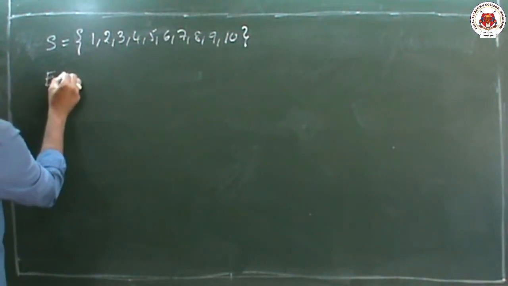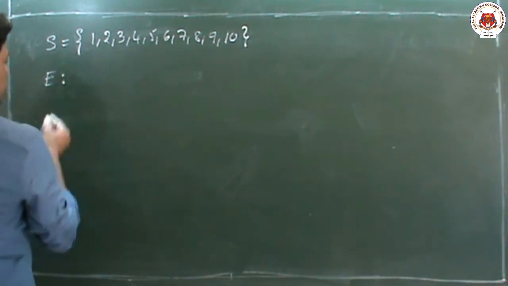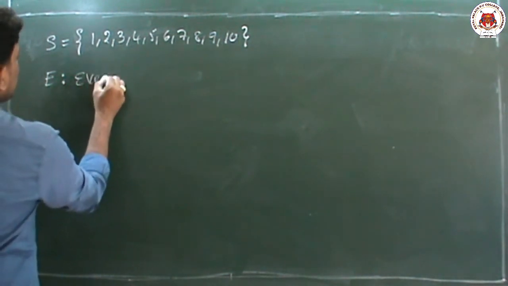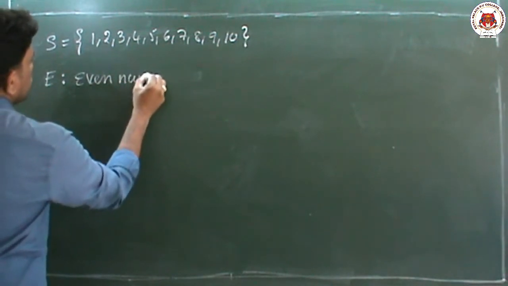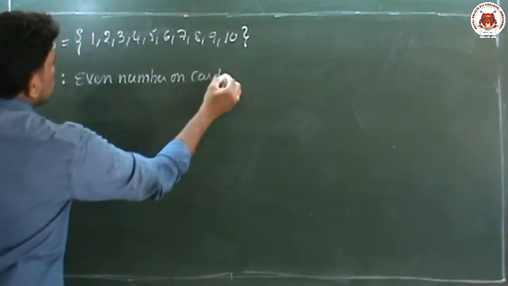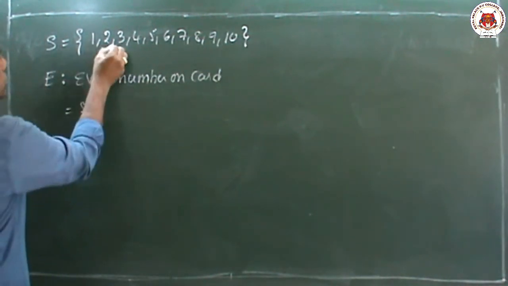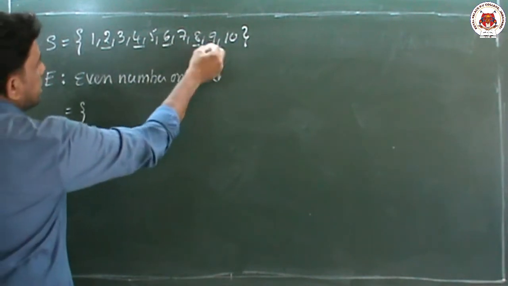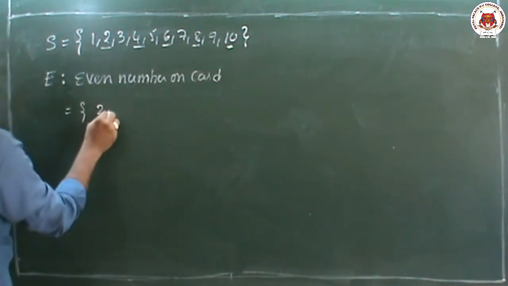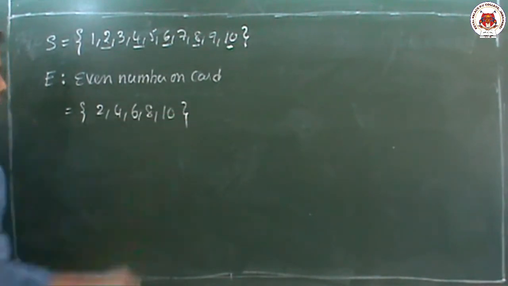Now I am going to write E. E is the event we have to find. E means he said even number. So even number on the card is called E. What are the even numbers on the cards? 2, 4, 6, 8, 10. So these are the even numbers on the cards.